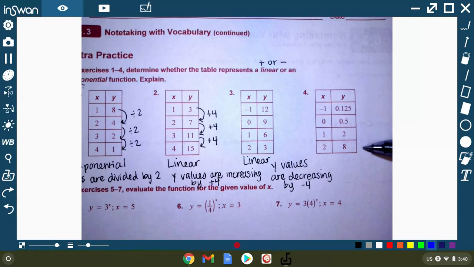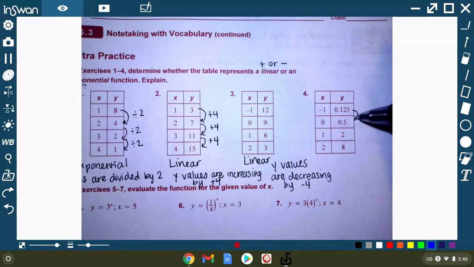And then if I take 2 plus 1.5, it's not 8. So it's not addition. But if I want to try multiplication, 0.5 times what gives me 2? 0.5 times 4 gives me 2. And then 2 times 4 gives me 8. So this one, and then you're just going to have to double check up here, make sure this works, and it does. So multiplying by 4 is how these are changing.